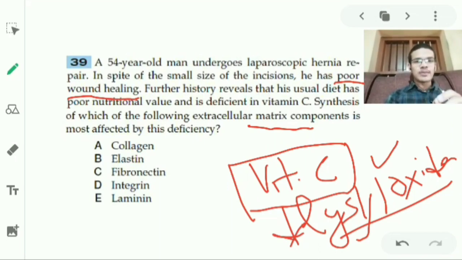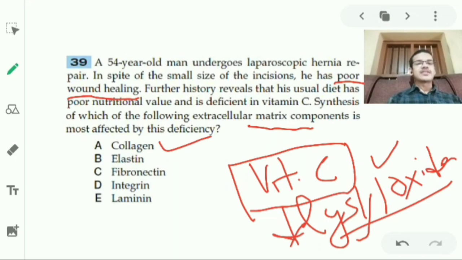That is remodeling, where the collagen is cross-linked to increase the strength of the wound. That cross-linking step is done with the help of lysyl oxidase, and since vitamin C deficiency decreases the lysyl oxidase enzyme, it will also decrease the cross-linking of collagen. So which extracellular matrix component is most affected? Collagen is most affected.